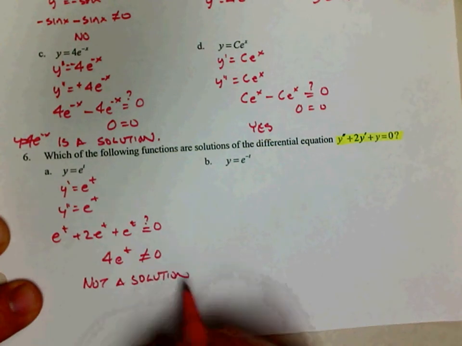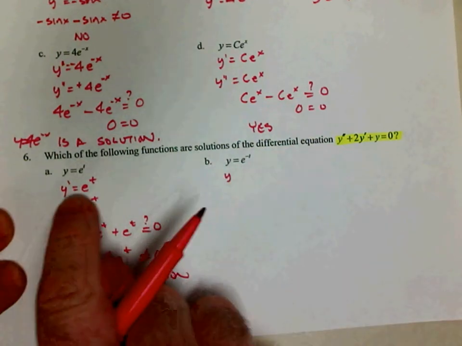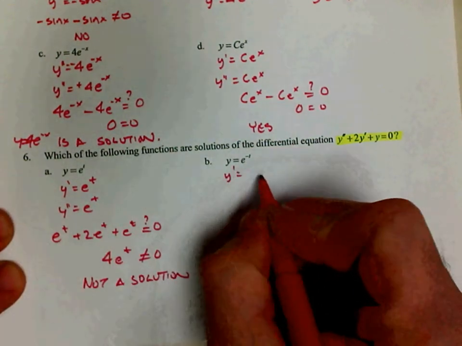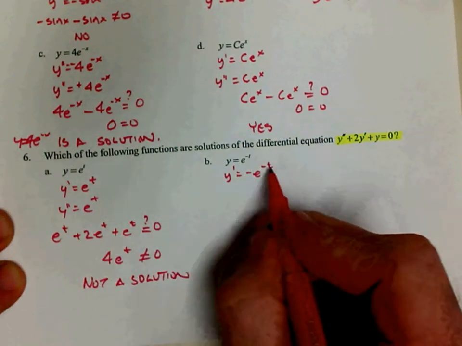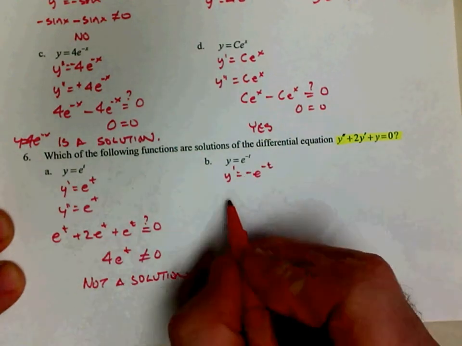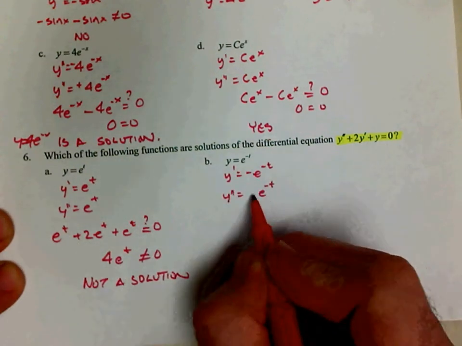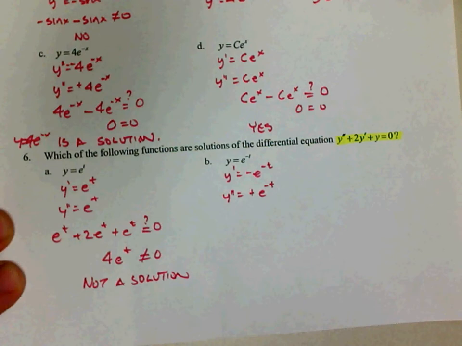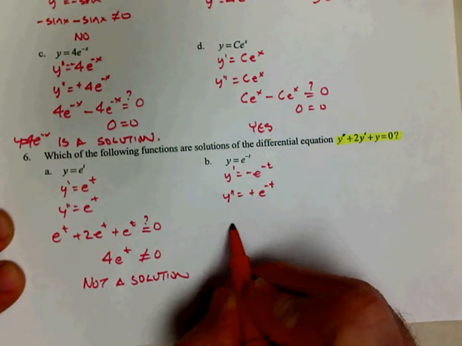Let's try our next one. This time, y prime is going to be e to the negative t. Well, it's going to be negative because of our chain rule. Our second derivative, using that chain rule, will change this negative back to positive. Substitute those in. We'll have e to the negative t.